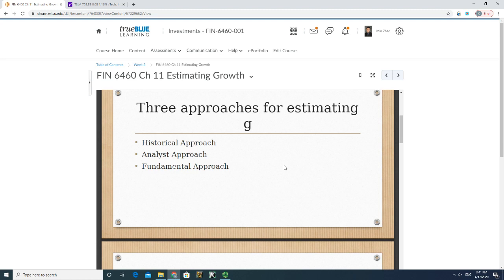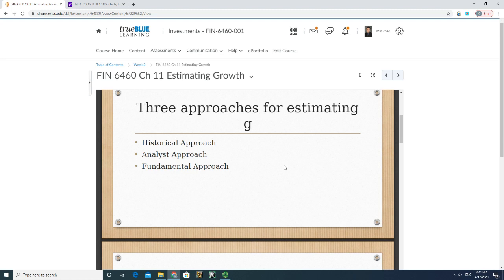The historical approach takes a look at what happened in the past, and believes that what happened in the past will repeat in the near future. For example, Walmart tends to have about 7 to 8% historical growth during the last 10 years, and since it's a mature company, an investor forecasts that in the future this company may have similar growth rates for the next 10, 20 years.